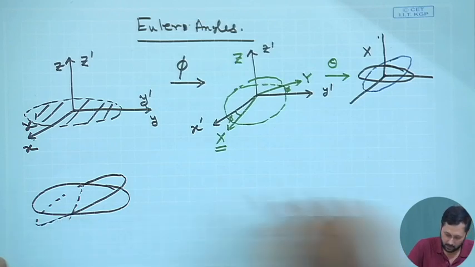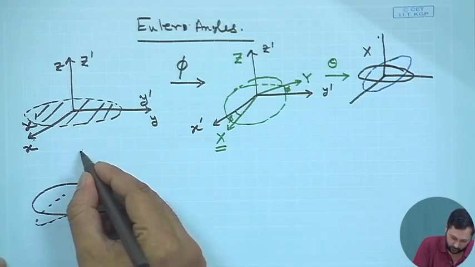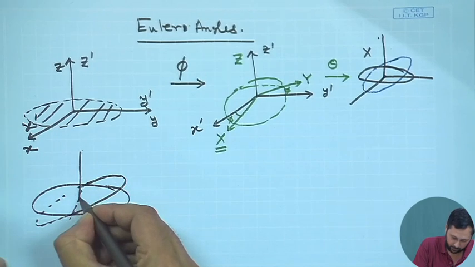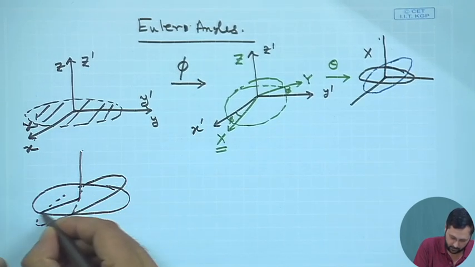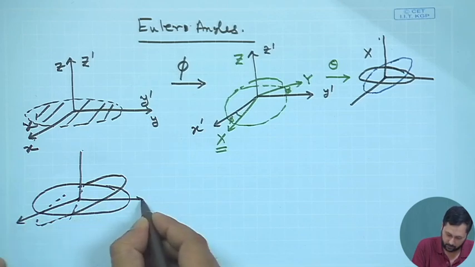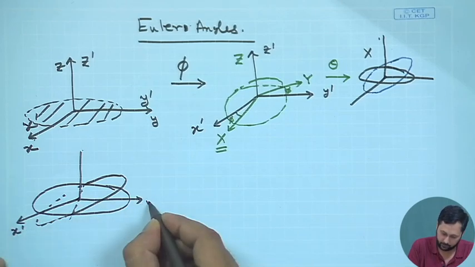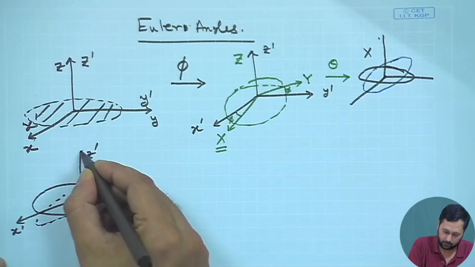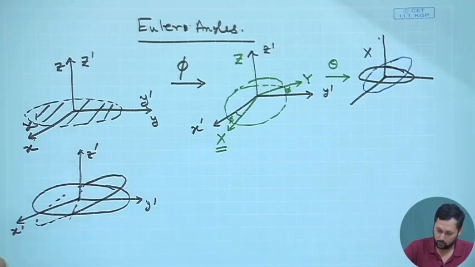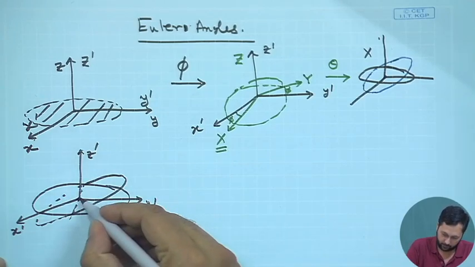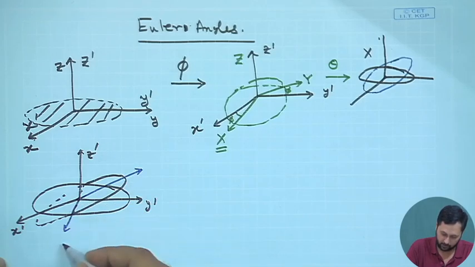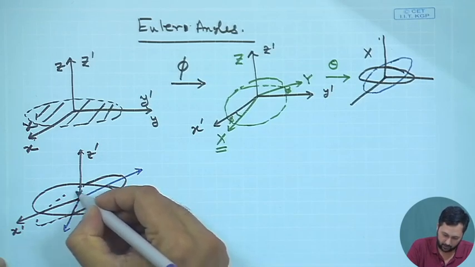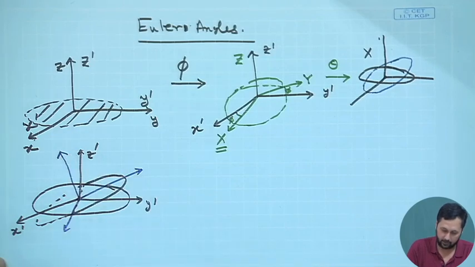So once again we have z, x, y, x prime, y prime, z prime. Now let us use this color. Now this is my y, this is my x, and this is my z.